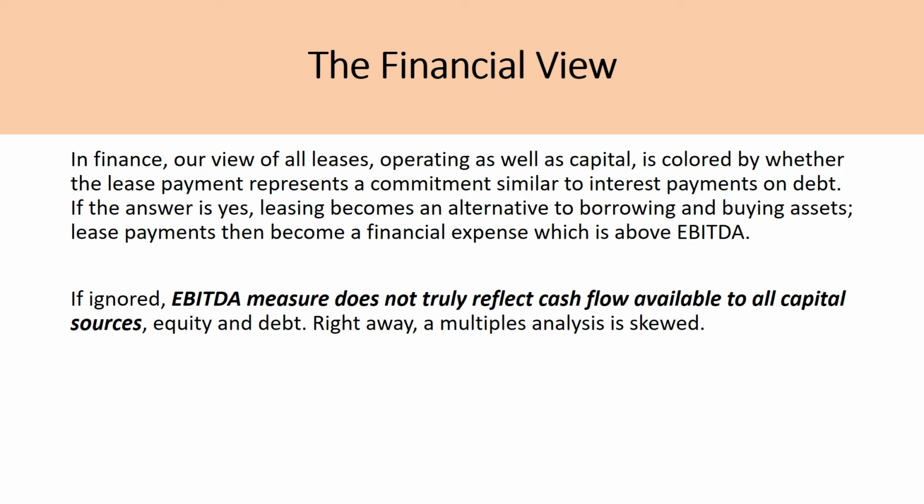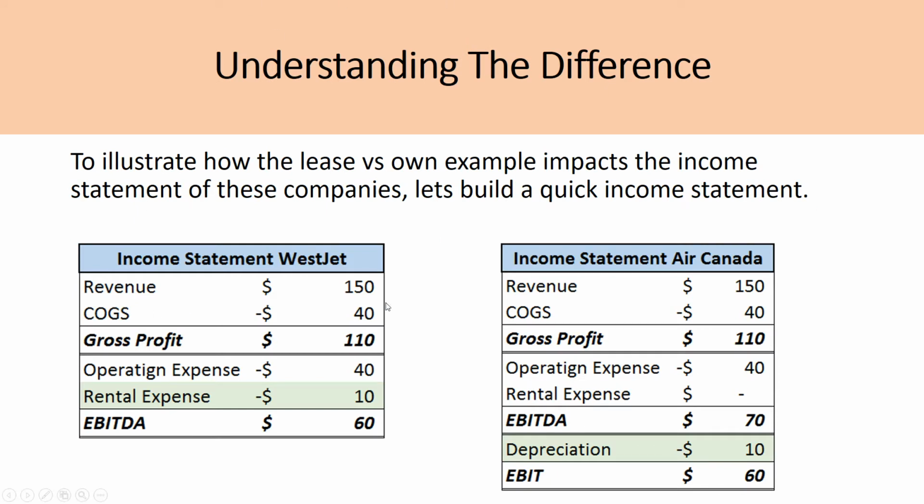And I just want to say this right now. What we're talking about is the capitalization of leases. In this example, this operating lease distorts the EBITDA metric, and the capitalization of a lease essentially means that you're taking this operating lease and converting it into a capital lease, and therefore you're taking this expense and reporting it as depreciation, right?